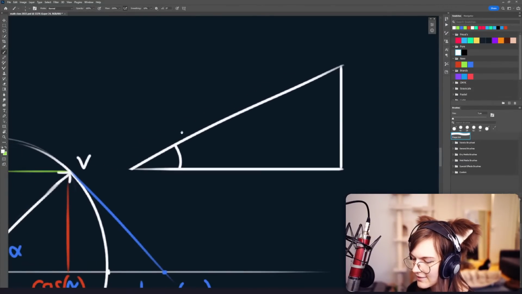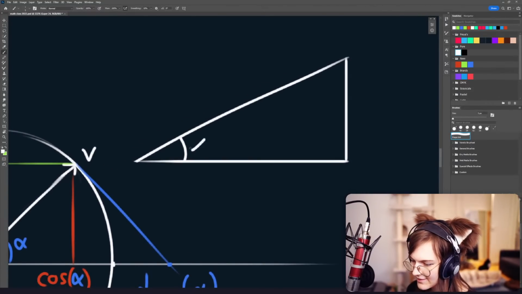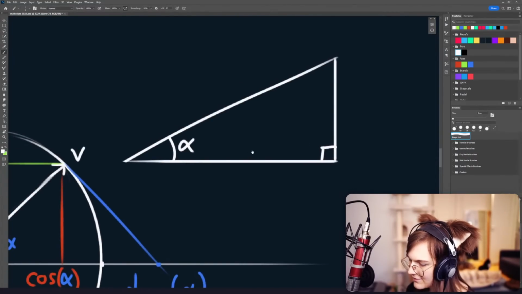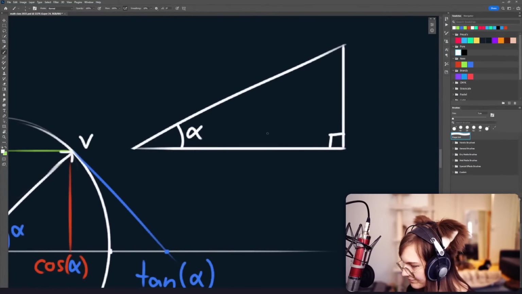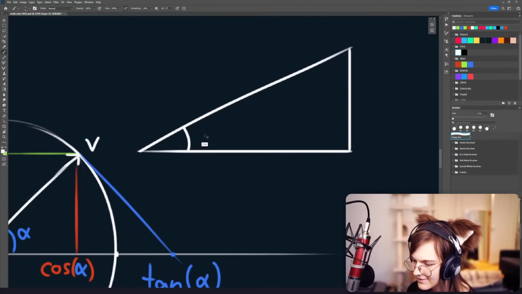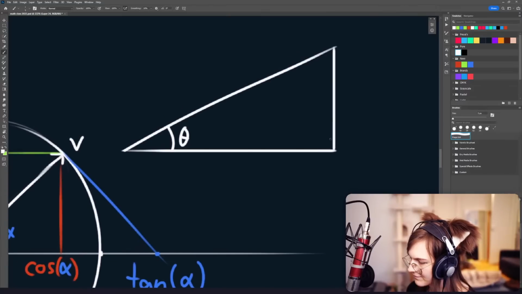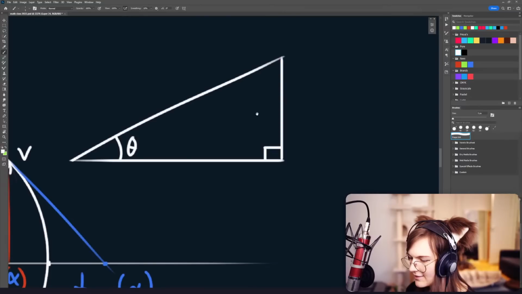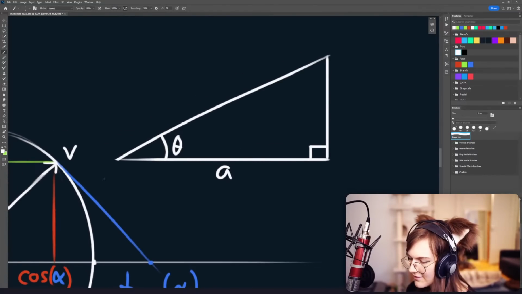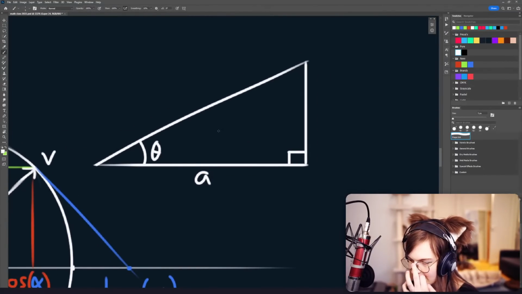Maybe you know this angle, so let's call that theta. If you know the angle theta, and maybe you know the adjacent side, how long this side is, then you can calculate the other two sides using the trigonometric functions.